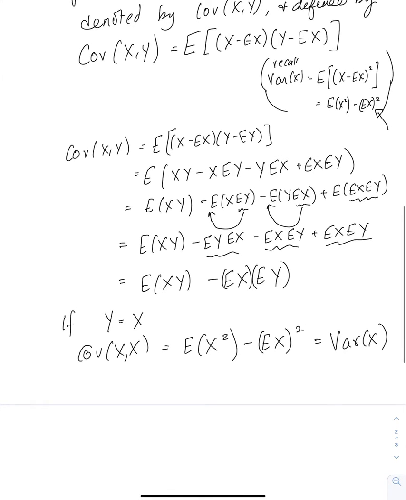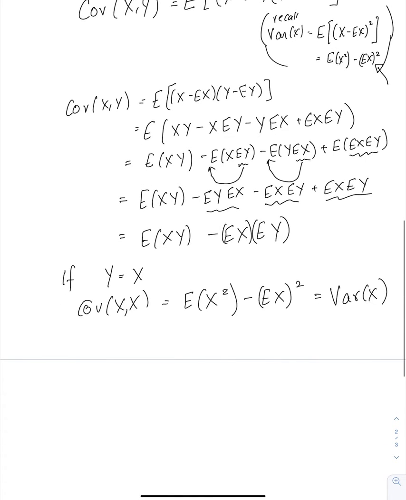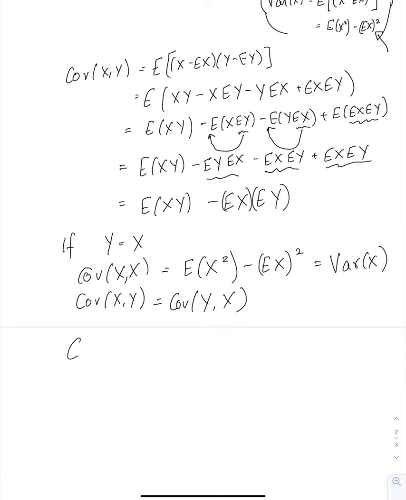Okay? And of course, if you look at the covariance of x, y, just by basic formula, you can see that's going to be exactly the same as the covariance of yx. And I will let you prove this. What about the covariance of ax times y?